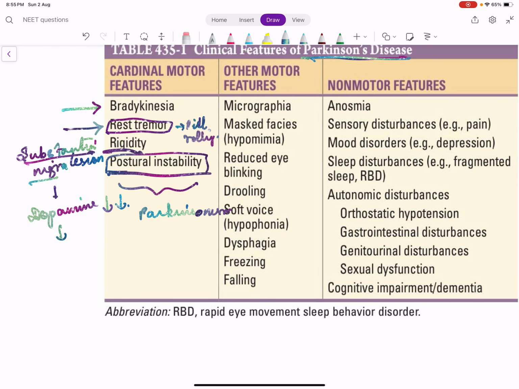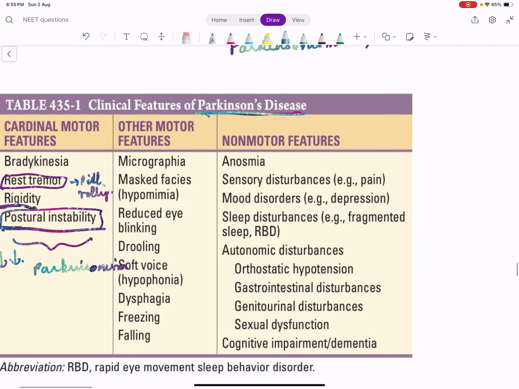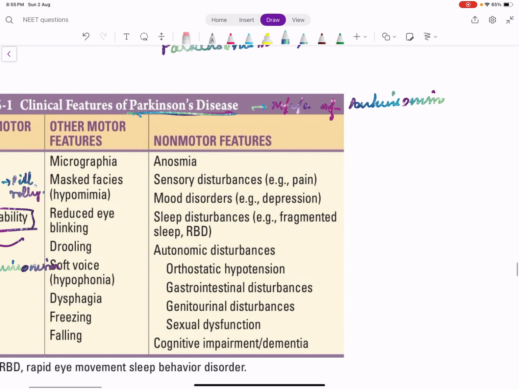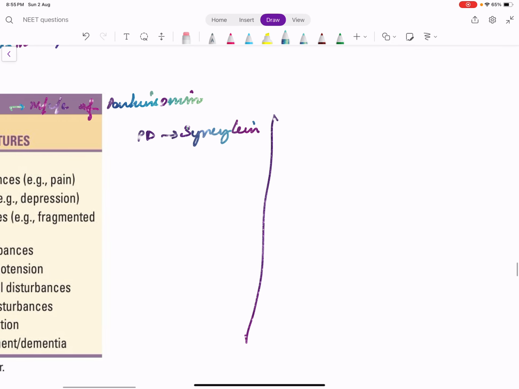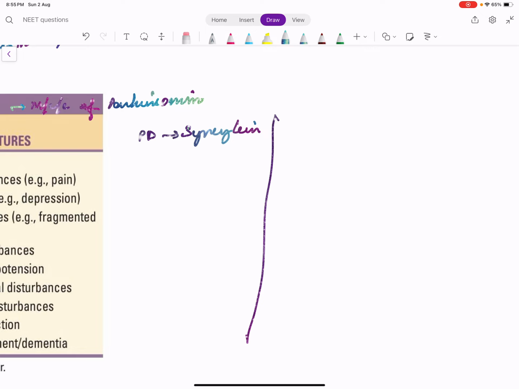Parkinsonism is not equivalent to Parkinson's disease because Parkinson's disease is the most common cause of Parkinsonism. Parkinson's disease is a specific clinical syndrome characterized by synuclein or Lewy body deposits. We have Parkinson plus or atypical Parkinson's disease. They are called as Parkinson plus syndromes.